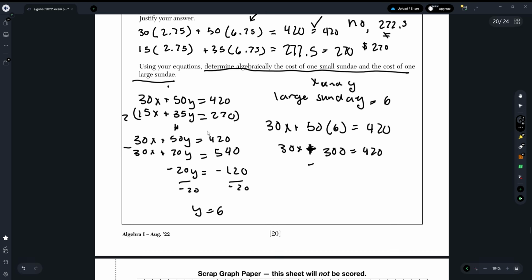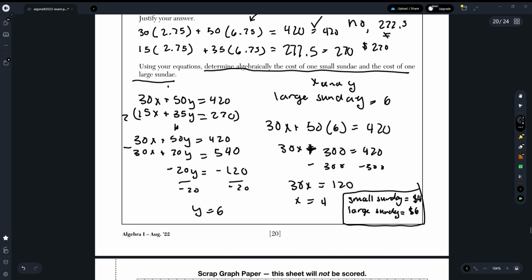And next we're going to subtract 300 from both sides. We get 30x is equal to 120. So x is equal to 4. So now a small sundae is $4 and a large is equal to $6. That's all you need to do for this.